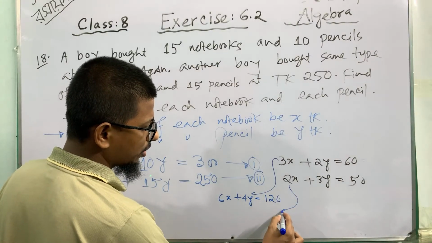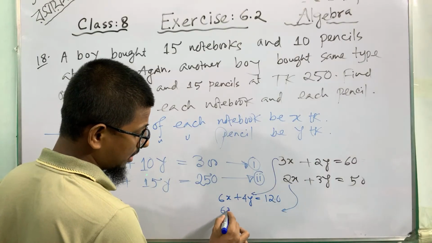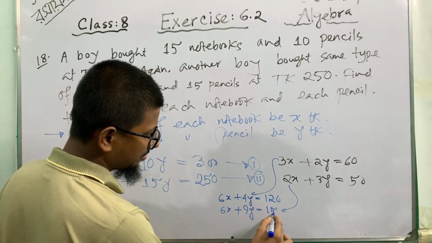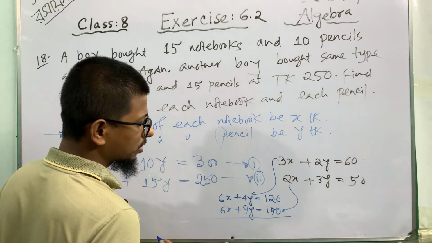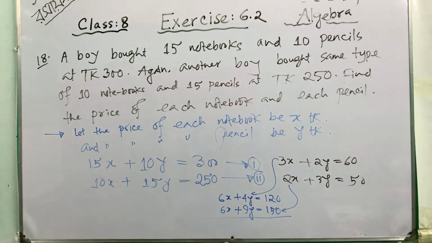And the second equation becomes, after multiplying with 3, 6x plus 9y equal to 150. I hope I am not making any mistake. So I multiplied the first equation by 2 and the second equation by 3.